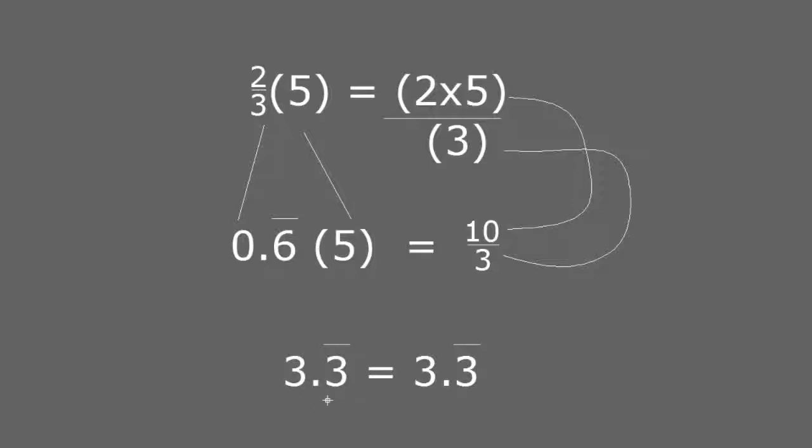So this is 3.333 all the way to infinity. On the other side, 2 times 5 divided by 3 is 10 divided by 3, and if you divide that, you can do it in a calculator, that is also 3.3333 infinite, which is also expressed as 3 and 1/3, which is what we had in the previous example.